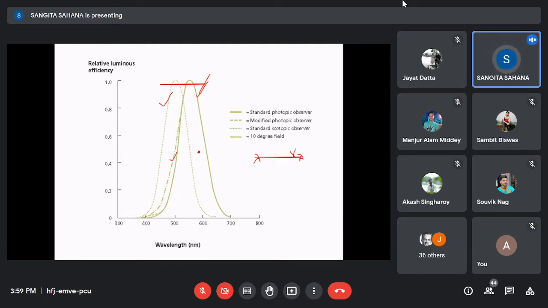Whatever the values for different individuals, there is some standard, and there the respective values of lambda for each V lambda are specified. That is called the standard photopic observer.